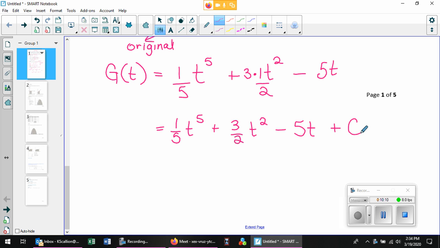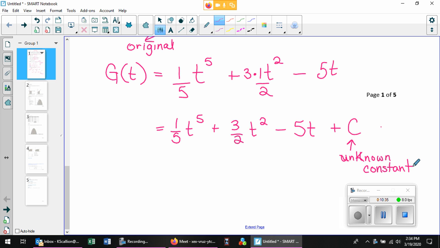So that represents an unknown constant. Because we don't know if there was a constant there or not there, because the derivative of it is going to be 0.